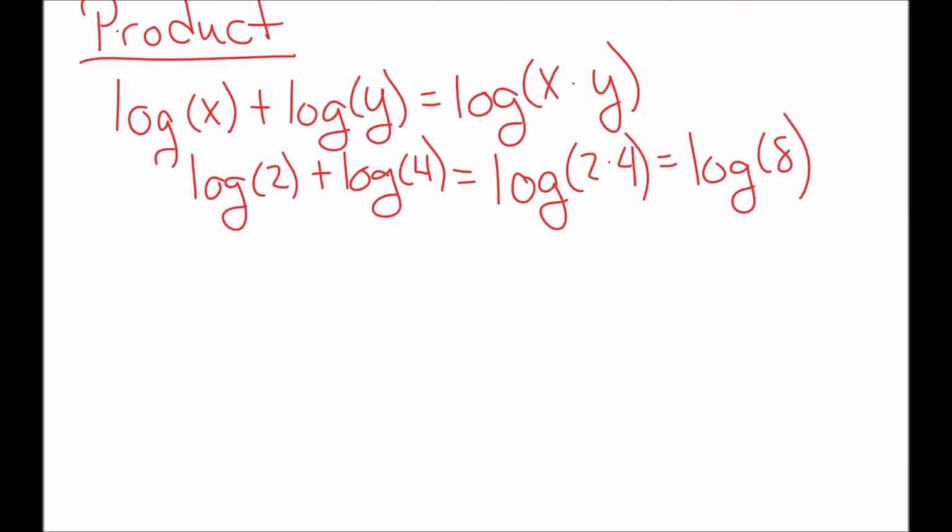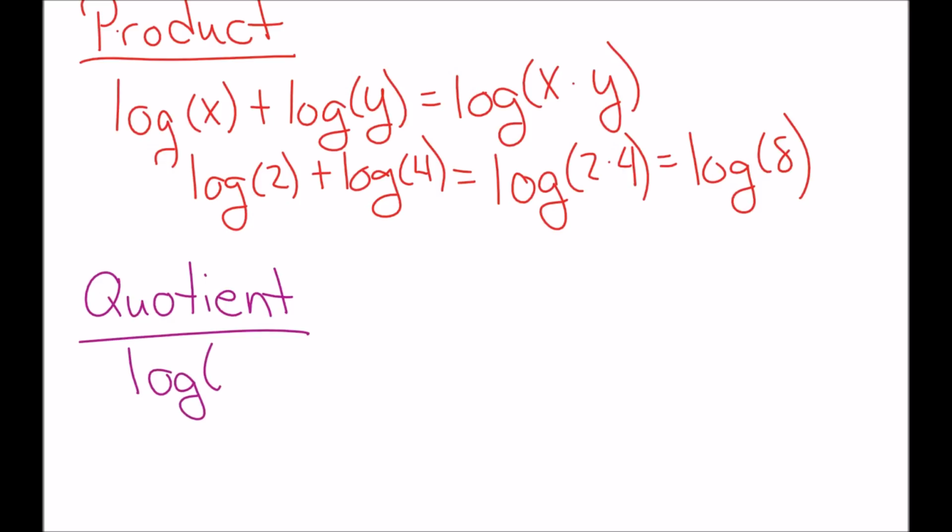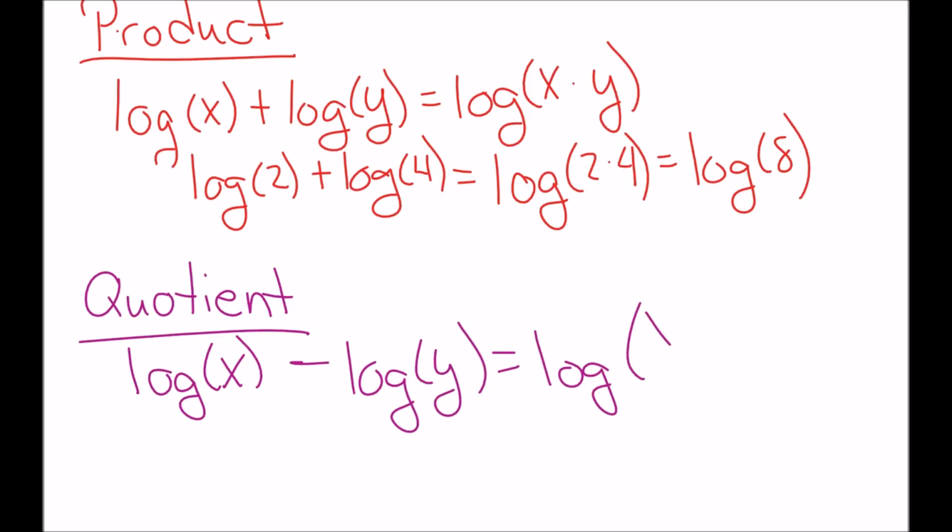Now moving on, we're going to go to the quotient rule. Let me write that for you. The quotient rule says log of x minus the log of y equals the log of x divided by y. You're probably wondering, we're adding and subtracting, so why quotient and product?